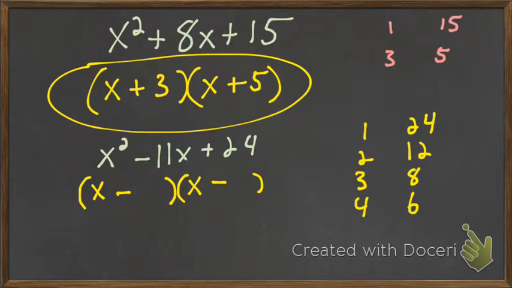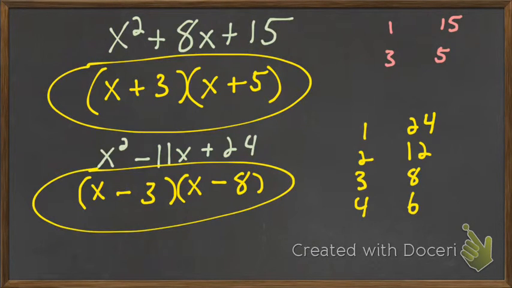Good. Which one of those will make the 11? 3 and 8. I'll tell you, when the second sign is a plus sign, they're pretty easy, especially if your a is 1.